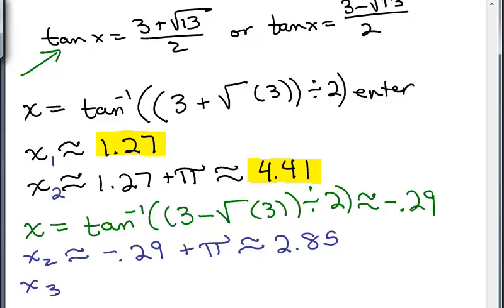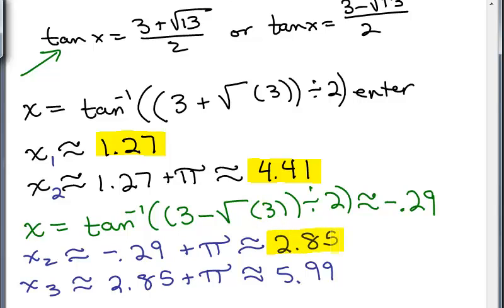And then for a third solution, I'm going to take that answer and add pi to it as well, and that'll give me 5.99. And now check out these solutions here. Are these between 0 and 2 pi? Well, what does pi stand for?